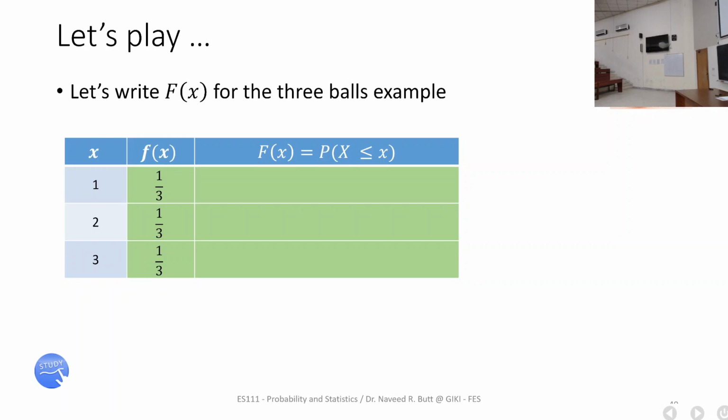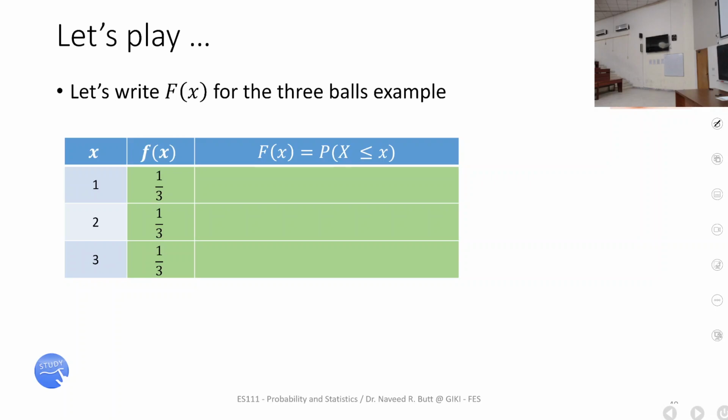So, same here. But what about the cumulative? And as we said, what's going to happen now? What would this mean? Capital F1. Why 1? Because this is the row of 1. So what will be capital F1? It would represent the probability that X shows a number less than or equal to 1.